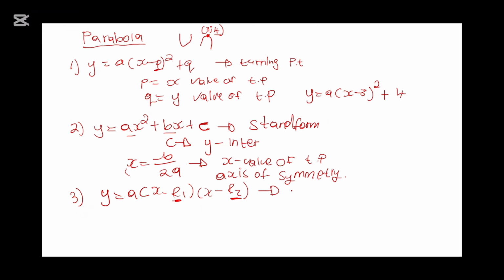These are the x-intercepts. Obviously, in a parabola, you will have two x-intercepts, whether here or there. Then you plug them in and solve until you get the standard form.